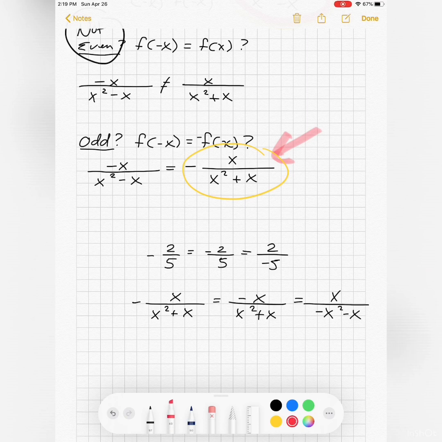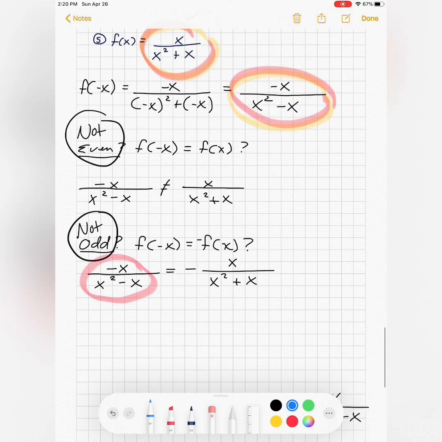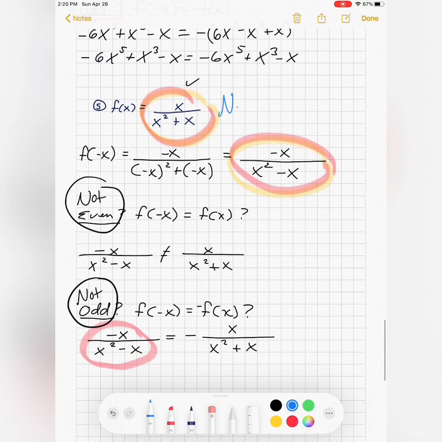Okay, so are any of those the same as this? No, not quite, okay? So none of the three ways I can write the right-hand side actually give me the left-hand side. So that means, again, I would conclude that this guy is neither, okay? It's not even nor odd, so this would be neither.